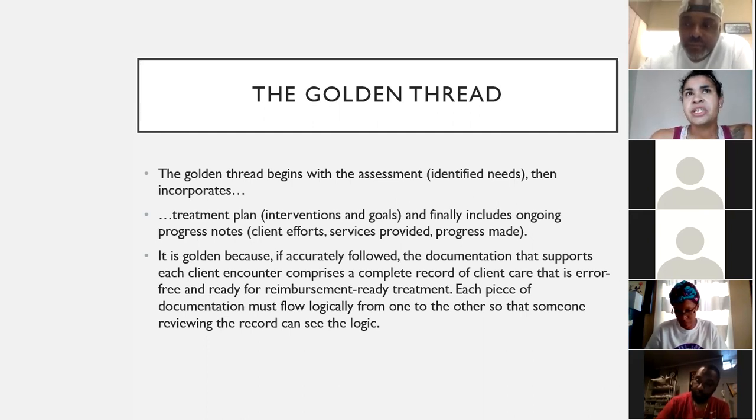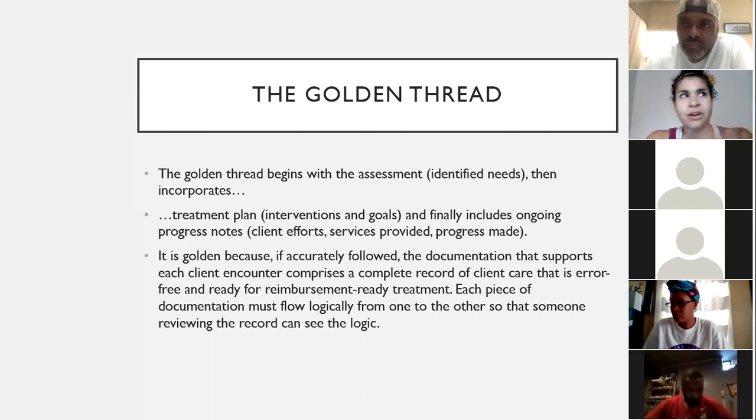Each piece of documentation should also flow logically from one to another. If I'm an auditor, I come in and need to understand why Dania did that intervention with the client. Oh, I see it in the treatment plan, and I see that was a symptom in the mental health assessment as well.